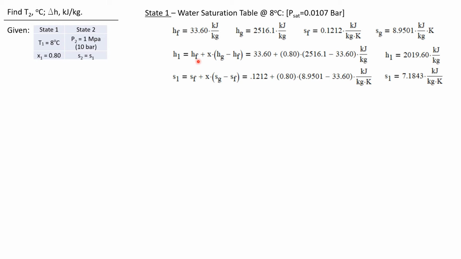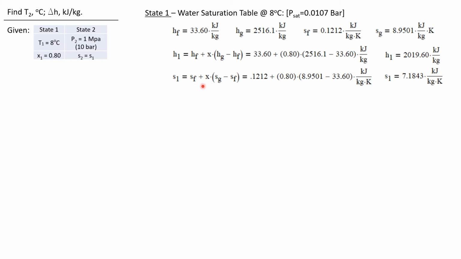So H1 is just H sub F plus the quality times H sub G minus H sub F. We'll plug in all our values. Calculate that the state 1 enthalpy is 2019.6 kilojoules per kilogram.